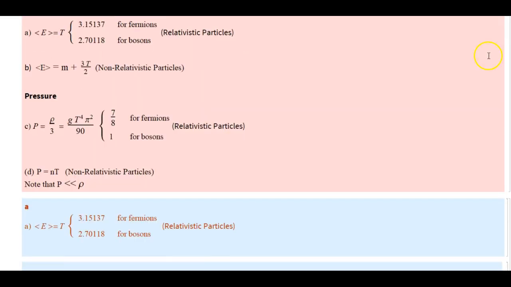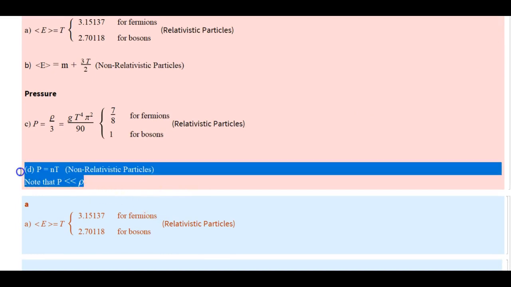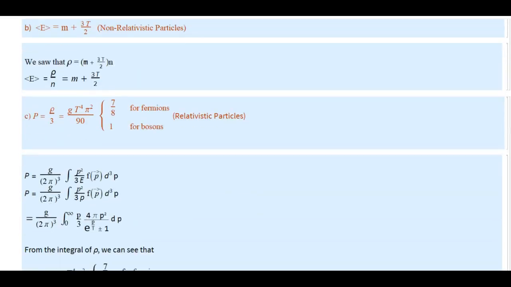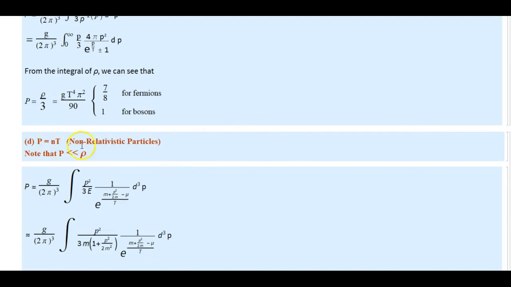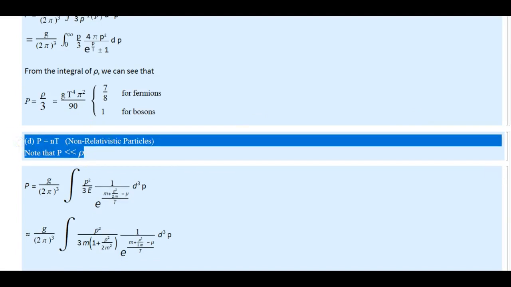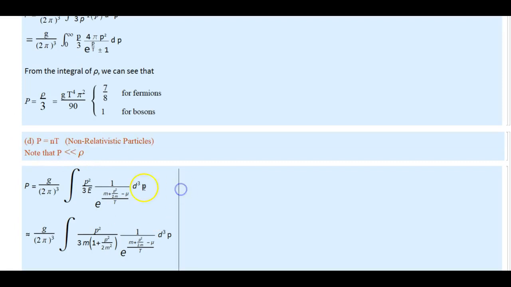Now in the non-relativistic regime, we want to look at this. Pressure is given by this expression.